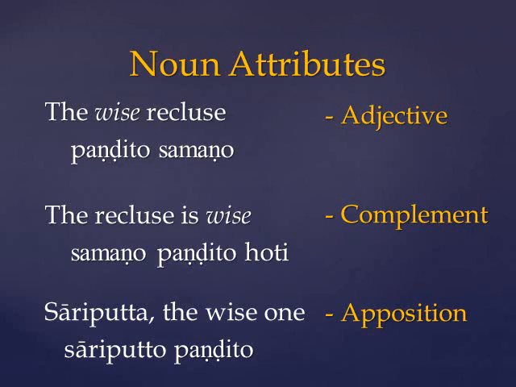And the simple answer is, it really depends on the context of the sentence. As a general rule, adjectives come before the substantive noun they qualify, while appositions and attributes come after their noun. But of course this isn't always the case. And often numbers and titles like king are placed in apposition in Pali, whereas in English they would be adjectives. Anyway, let's now look at an example.